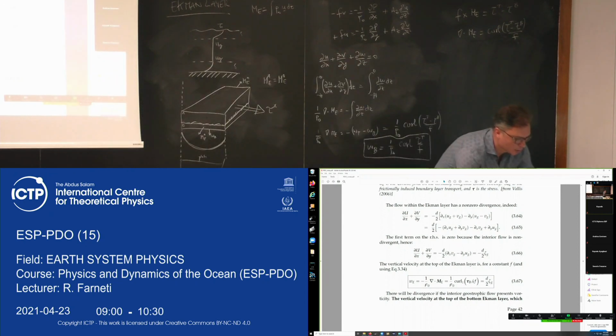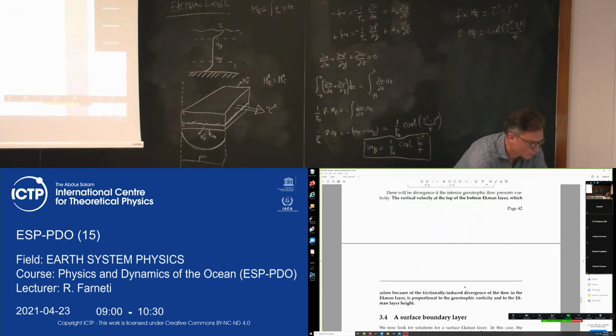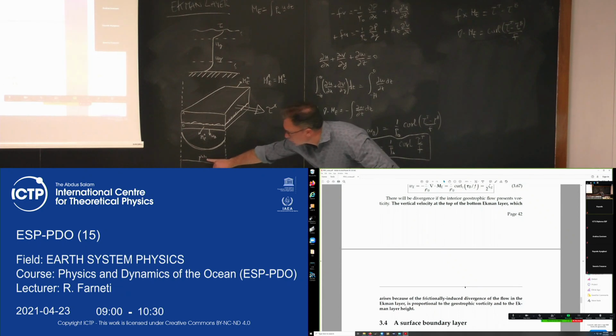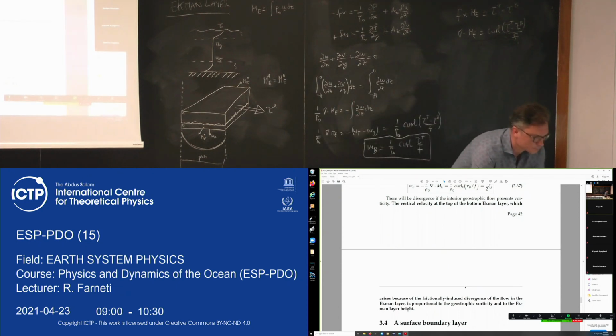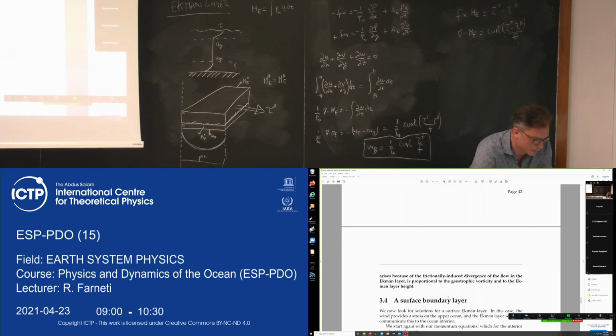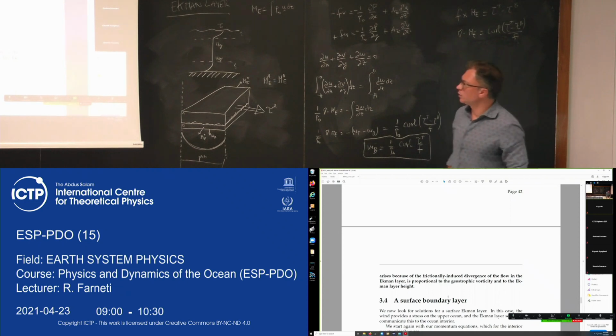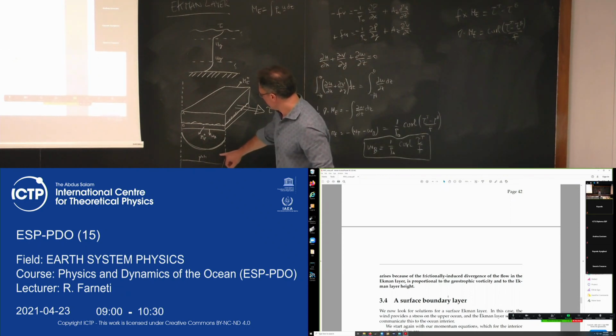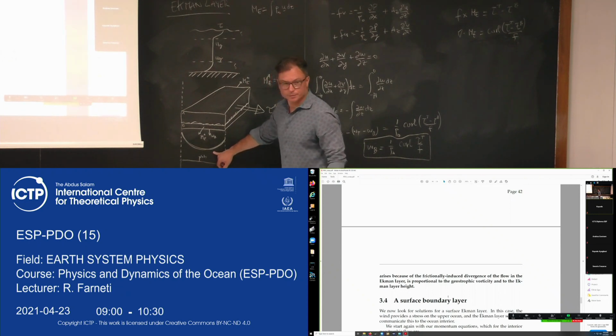I guess you've seen this before. The vertical velocity at the top of the bottom Ekman layer arises because of the frictionally induced divergence of the flow in the Ekman layer, and that is proportional to the geostrophic vorticity of the interior geostrophic flow.